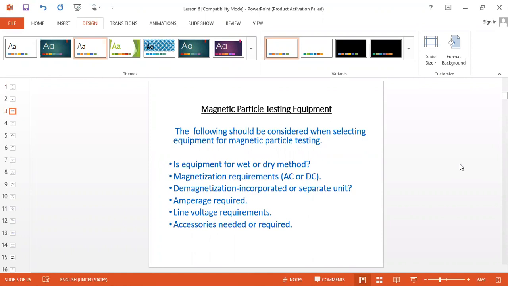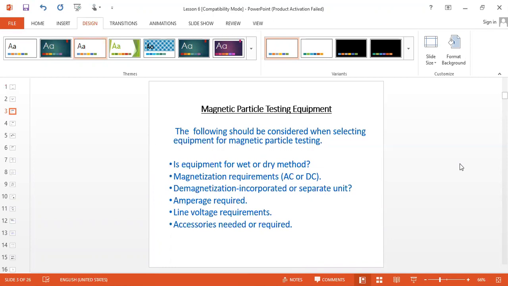Now, in magnetic particle testing, basically there are three types of equipments. One is portable equipment, second is mobile equipment, and third one is stationary equipment. This third, stationary equipment, we can't move from one place to another place. Mobile equipment, we can move within the shop or for limited areas.